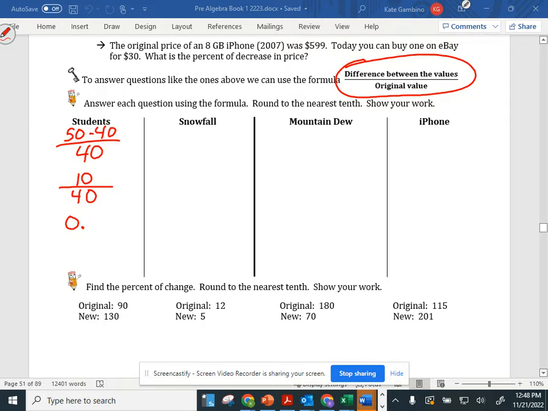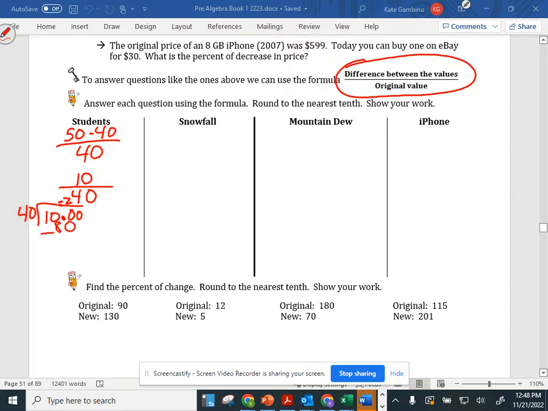So you can use your calculator to help. On the test, we're not going to use a calculator. Well, actually, no, let's not use the calculator for this because on the test you won't be able to. So you're going to actually want to do the math. If we do 10 divided by 40, remember to put your zeros after the decimal. 4 goes into 100 2 times.